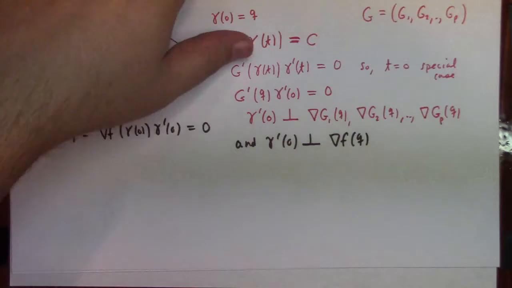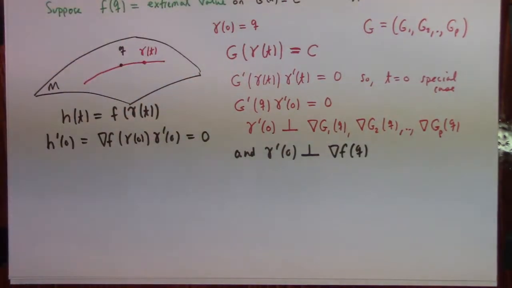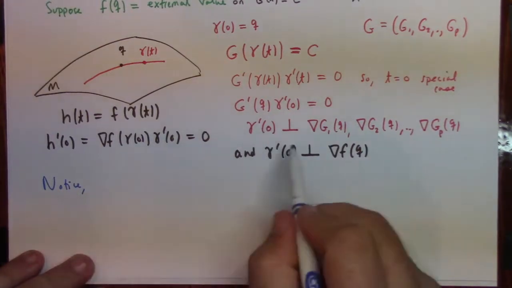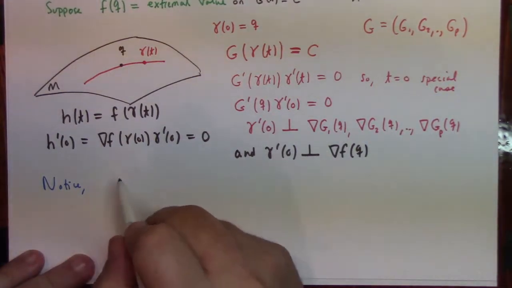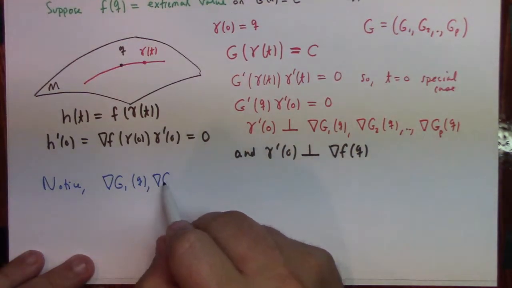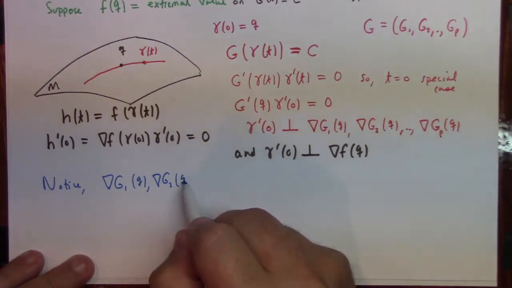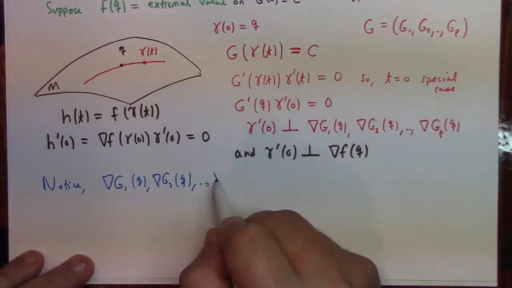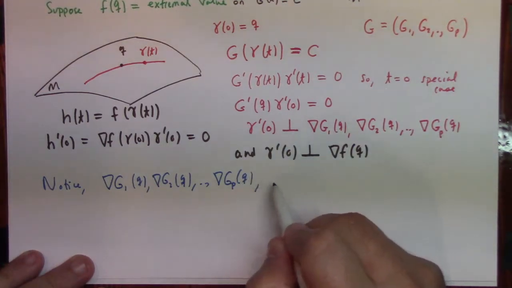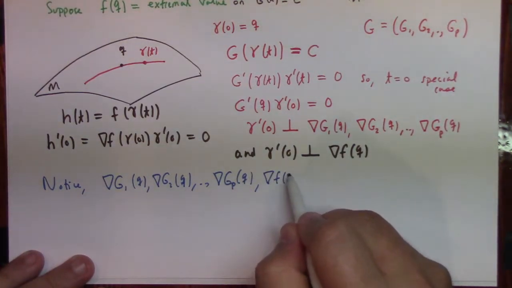Try to draw my thoughts together here. So notice that the gradient of g1 at q, the gradient of g2 at q, and on down the line the gradient of the pth component function at q, and the gradient of our objective function at q, right?